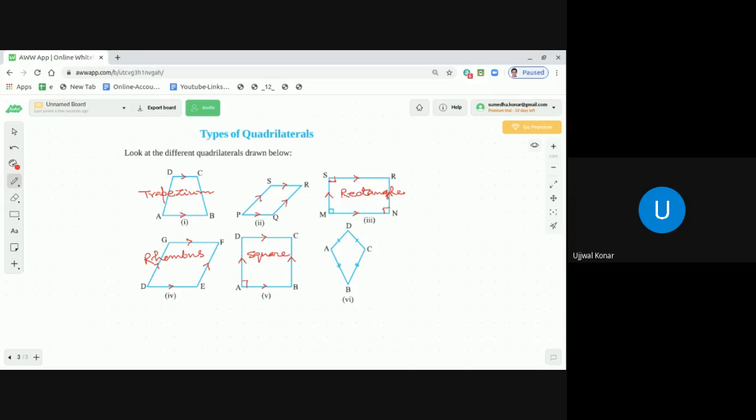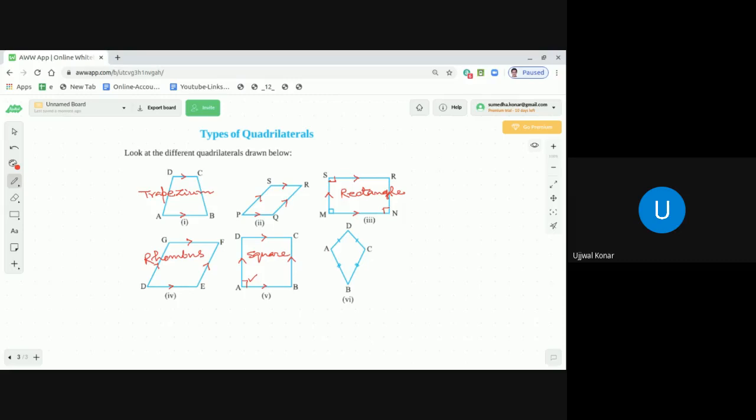Why? Because for a rhombus, it is not a condition that the angle has to be 90 degrees. The only condition to be a rhombus is that all the four sides have to be equal. Now on top of that, if we find the angles are 90 degrees, our bare minimum requirement is that one angle is 90 degrees. For example, in this case, the angle A is 90 degrees, then the rhombus qualifies to be a square.